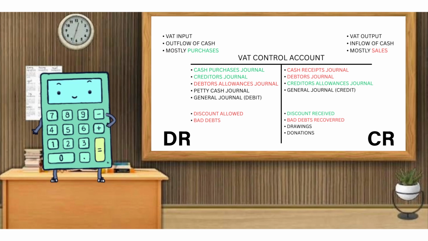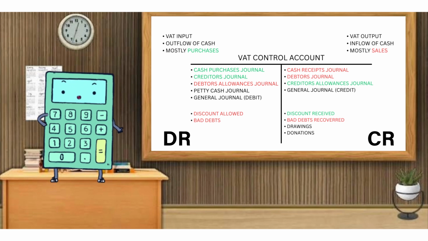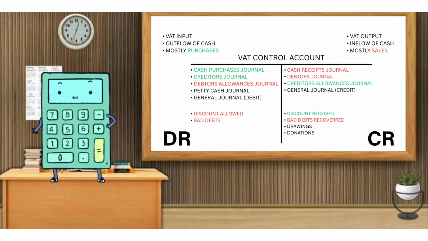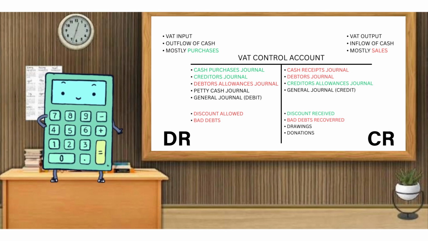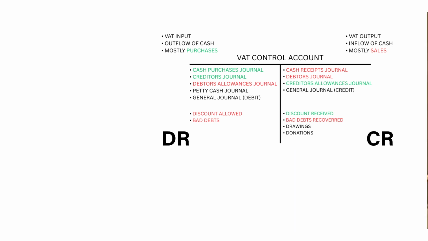Other transactions included in your debit side of the VAT control account is the VAT amounts of discounts allowed and bad debts. Furthermore, other amounts included in the credit side of the VAT control account is the VAT amounts of discounts received, bad debts recovered, drawings, and donations.